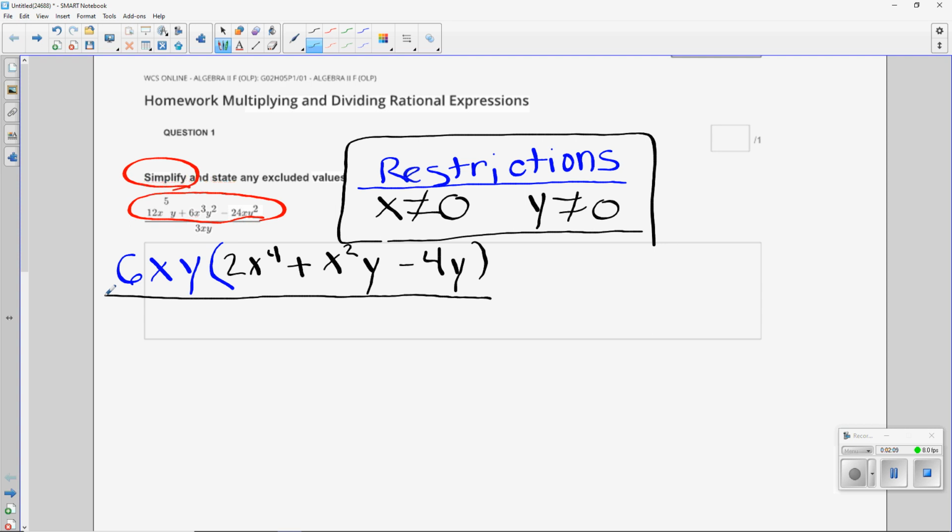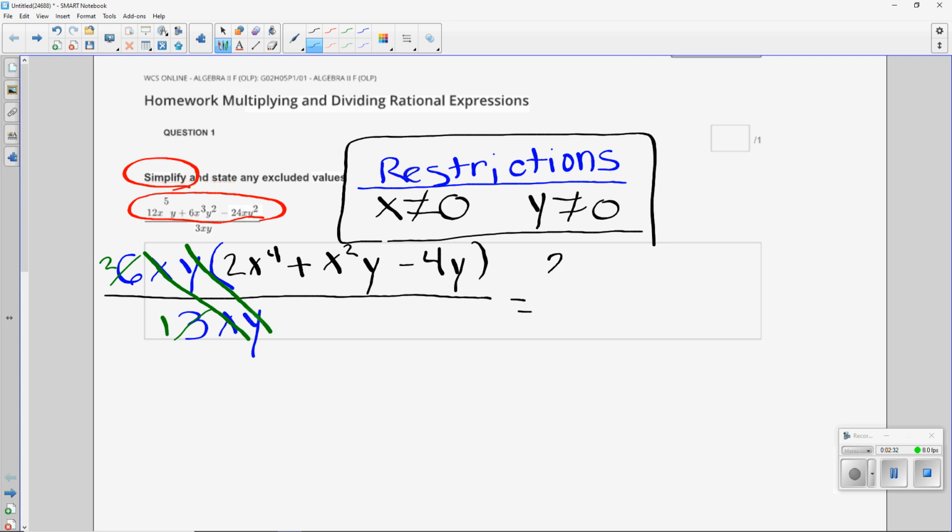So that's the top part of our problem factored. The bottom half of this problem is just still 3xy. And at this point comes kind of the fun part. You're just going to cancel out any common factors. So the y's here will cancel. The x's will cancel. The 6 over 3 reduces to 2 over 1.